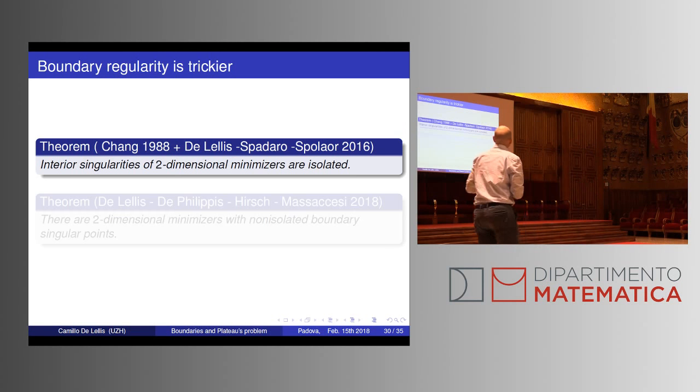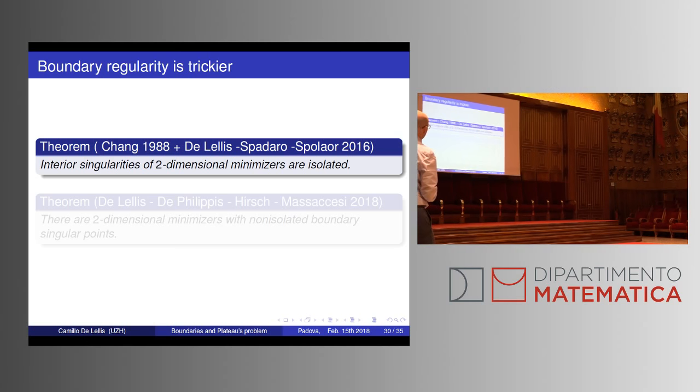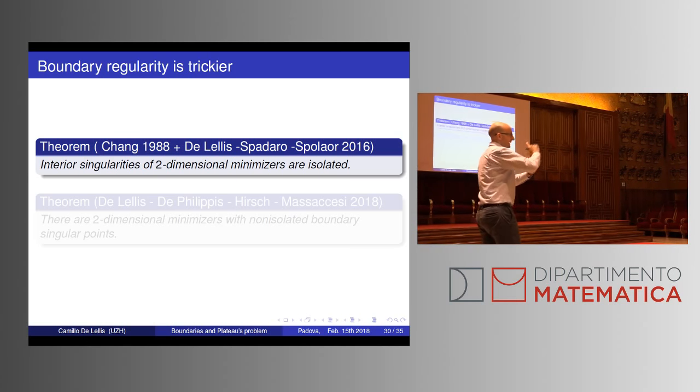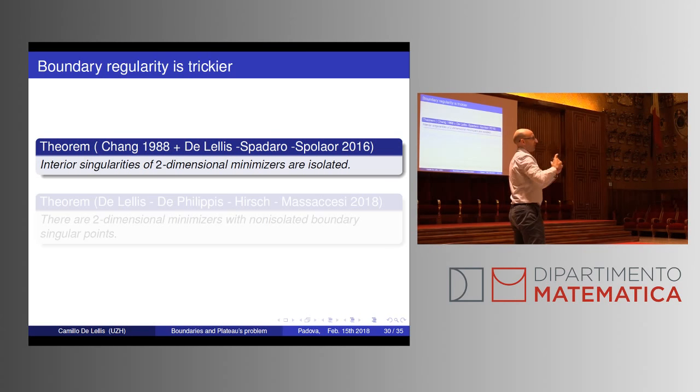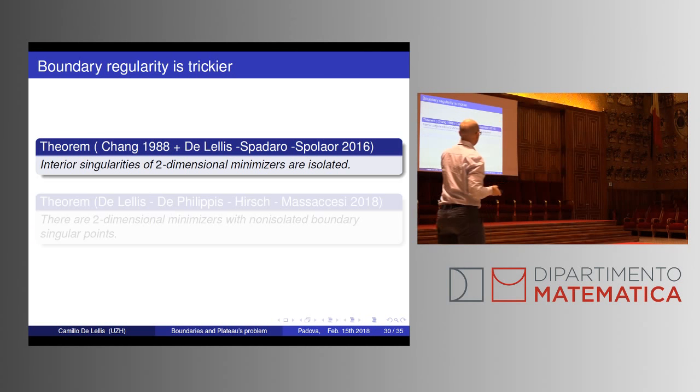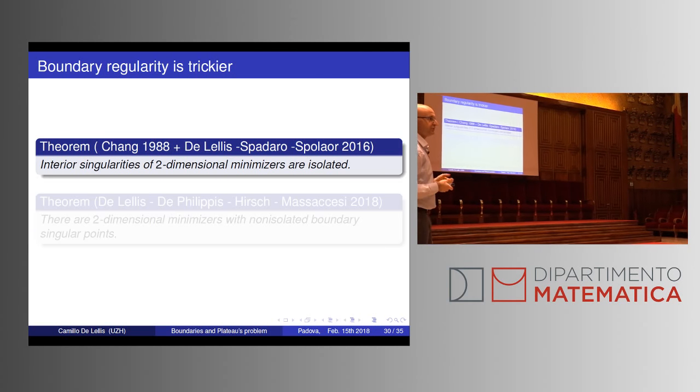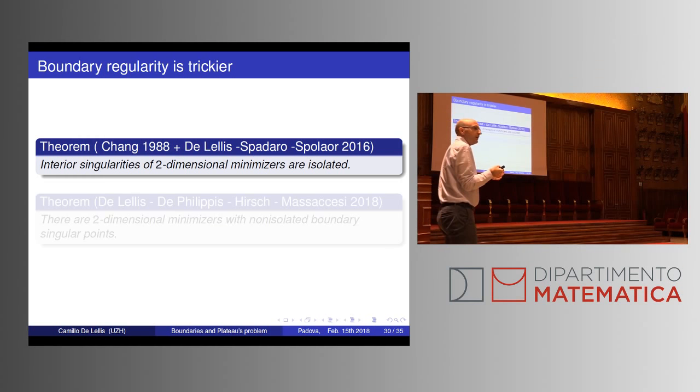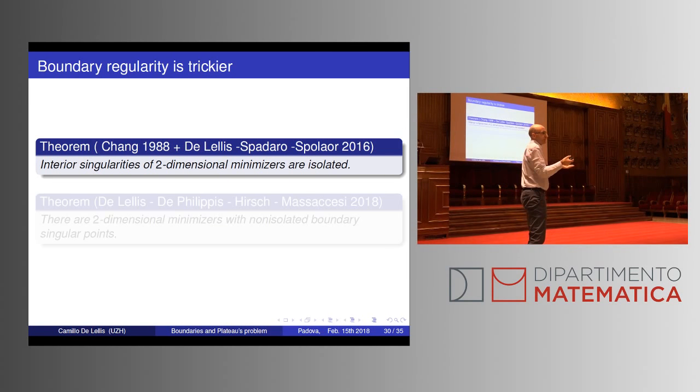Together with Emanuele Spadaro and Luca Spolaor, we can actually build these missing pieces by modifying our proof of Almgren's theorem instead of going through the 1,700 pages. So we have provided a written confirmation that this missing piece actually can be proved.